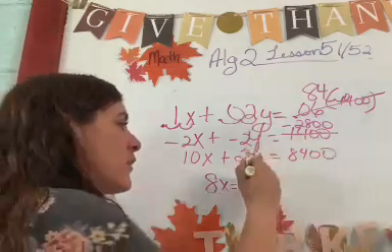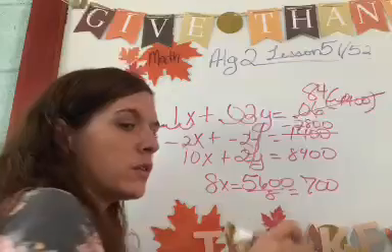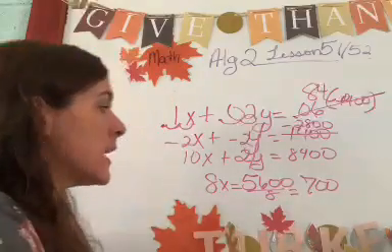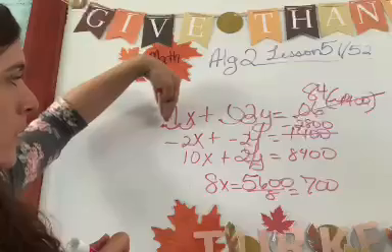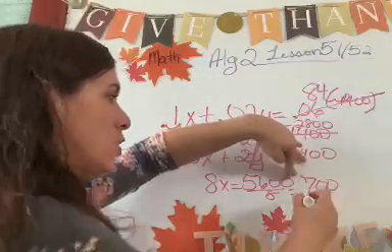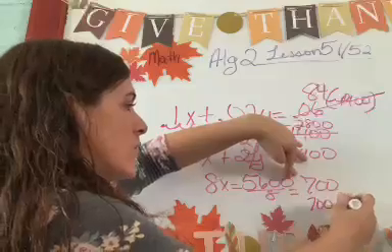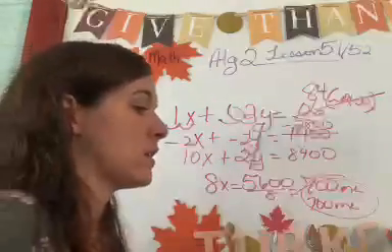Oh, it will come out right. 5,600 divided by 8 equals 700 for x. X plus y equals 1,400, so if it's 700 for x, it's also 700 for y. And those are your two answers, 700 milliliters and 700 milliliters of the solutions.